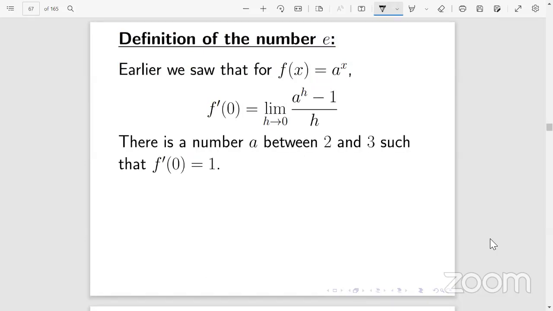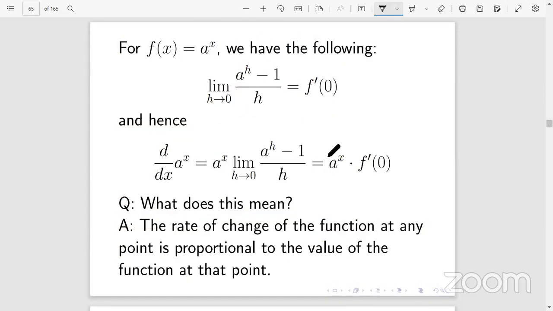Basically, if we question this, we are differentiating a to the power x and we get a to the power x times f prime at 0. So the question arises: is there a way for this f prime at 0 to be 1, such that the derivative of a to the power x is the same thing as a to the power x?